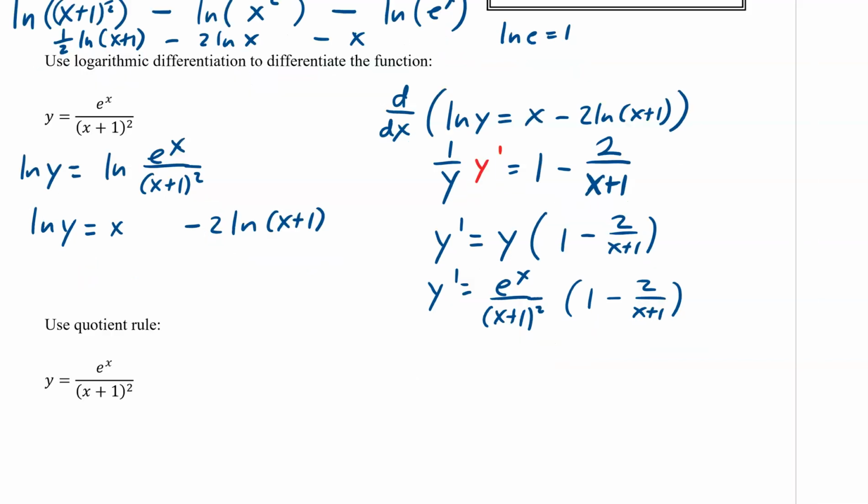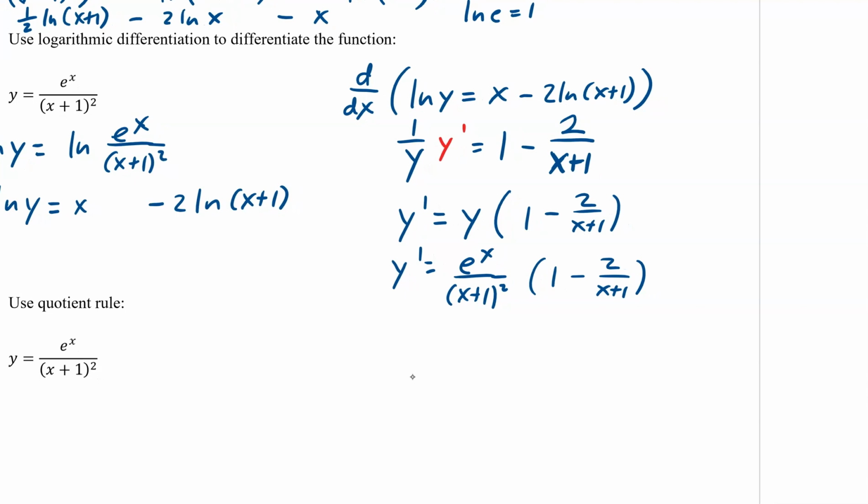Now we want to kind of bring that fraction together over there, so I'm going to put it off on the side here. 1 minus 2 over x plus 1. So this would be over 1, and then x plus 1, x plus 1. And so we would end up with x plus 1 minus 2, which becomes x minus 1 over x plus 1.